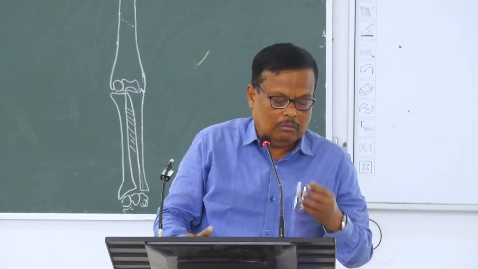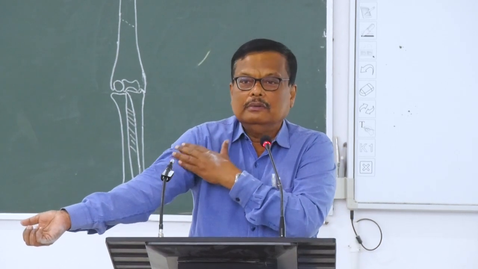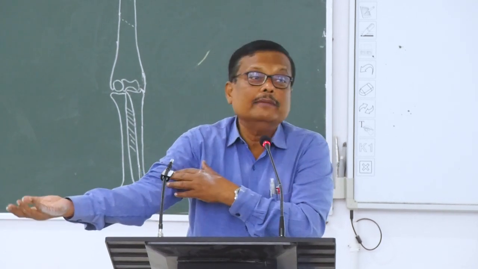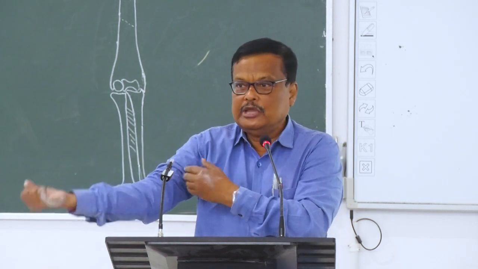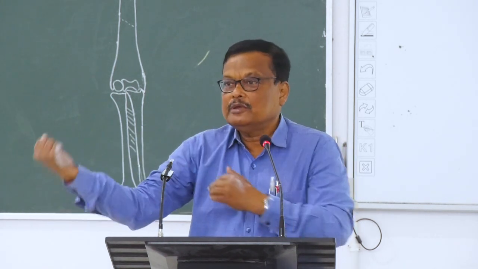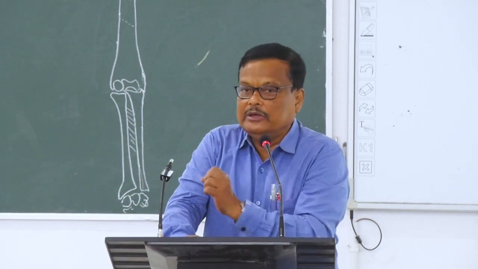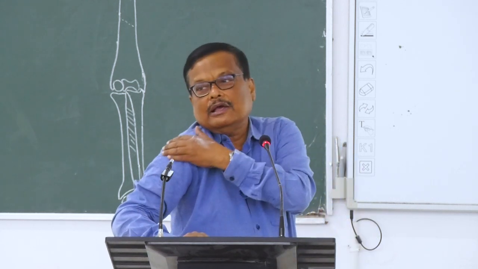Look, the biceps is more or less flat. Why flat? I am not using it. But those who do gym, their biceps is bulky because they are using it. Whenever a muscle is not in use, it becomes atrophic, meaning it becomes smaller. So the deltoid becomes smaller.